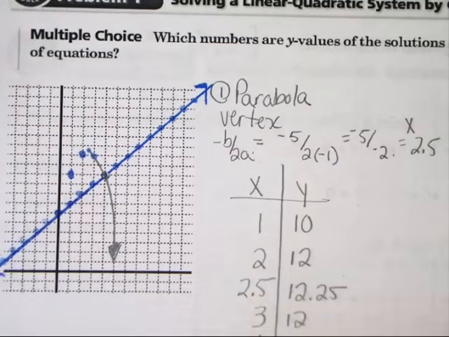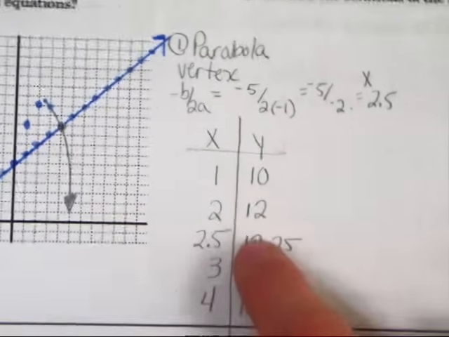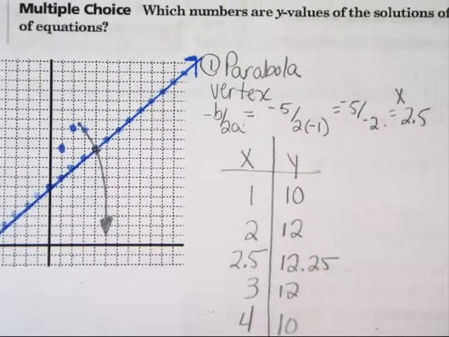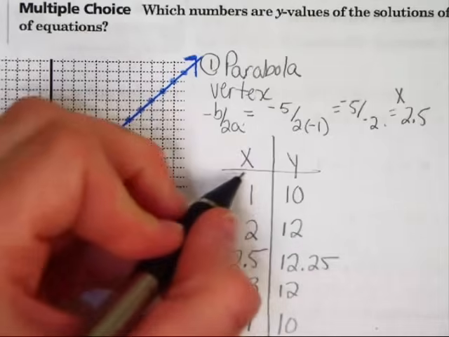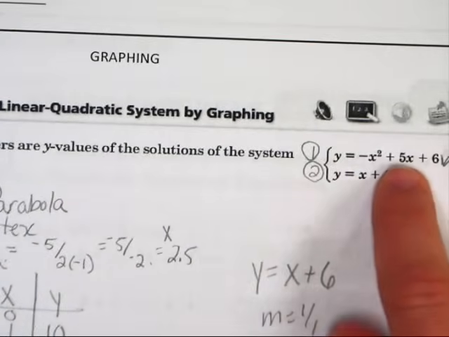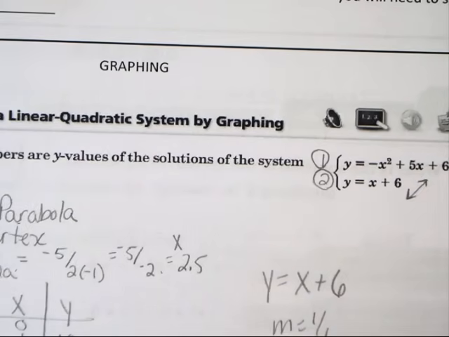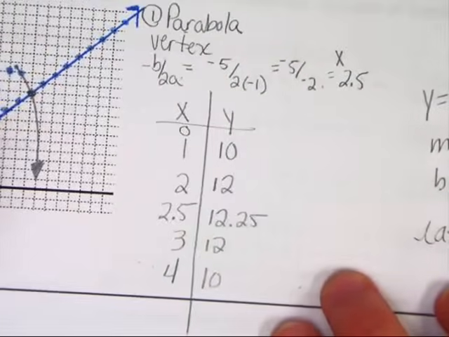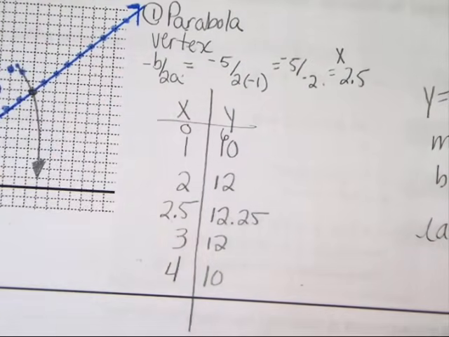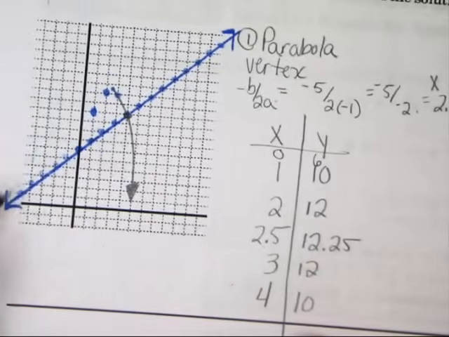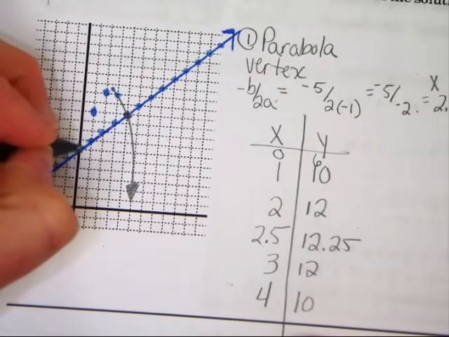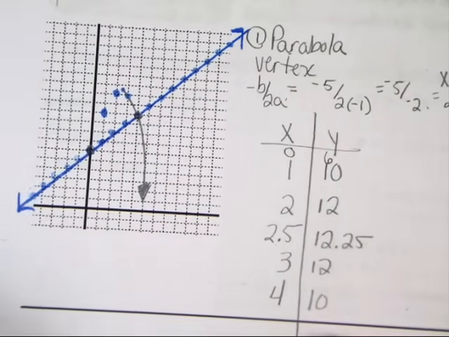Now I know you might be wondering, how in the world do you do the other side if it didn't meet? Well, I apologize, but that means you have to go back to your table and you got to go in lower. So we got to go lower than 1. Let's plug in 0. So you go to your equation, you plug 0 in up here. That's 0 plus 0 plus 6. Well, 0 plus 0 plus 6, when you go to your chart, is 6. Let's go ahead and see if that meets. Over 0 up 6. Look guys, you see how we finally got a point to meet?